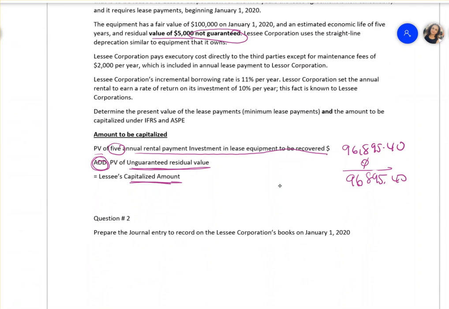Now that becomes your present value of your lease payments. The payment was 23,237.09. That's what we calculated in our previous example.